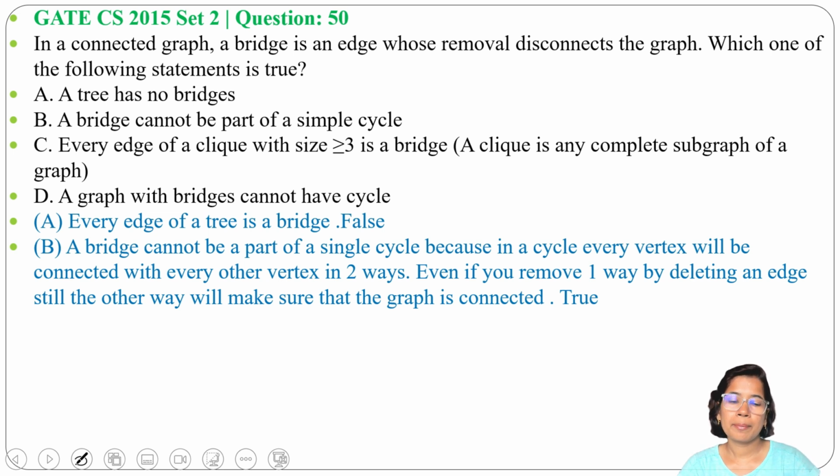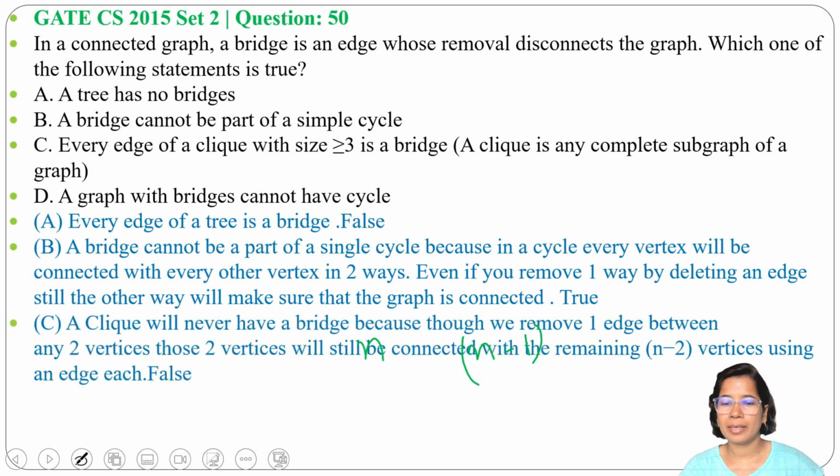In a complete graph, if there are n vertices, then every vertex is adjacent to n minus one other vertices. So every vertex degree is n minus 1. If we remove a single edge, that vertex is still connected with n minus 2 vertices. Hence a bridge is not a part of a clique. So option C is also false.